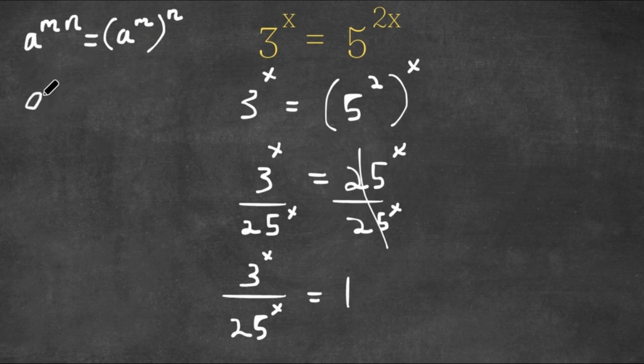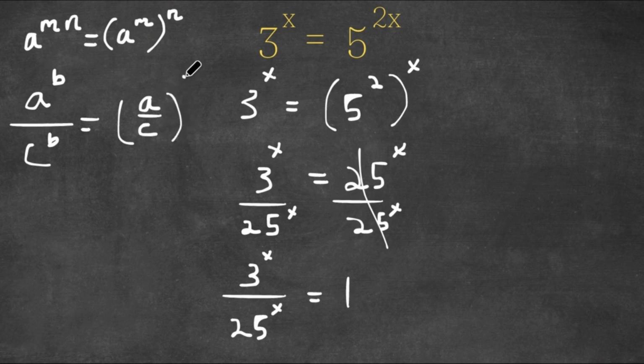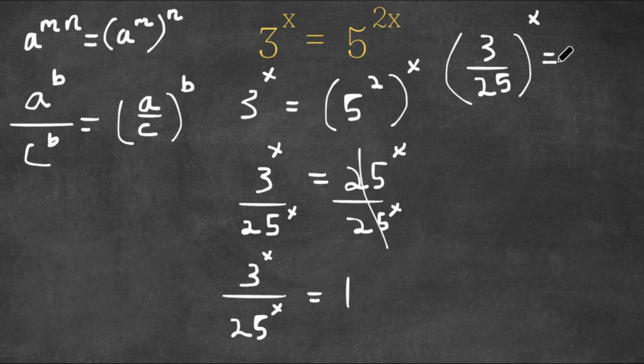Now, if we have something in the form a to the power of b over c to the power of b, this can actually be written as a over c to the power of b. So we have 3 to the power of x over 25 to the power of x, and this can be written as 3 over 25 to the power of x is equal to 1.